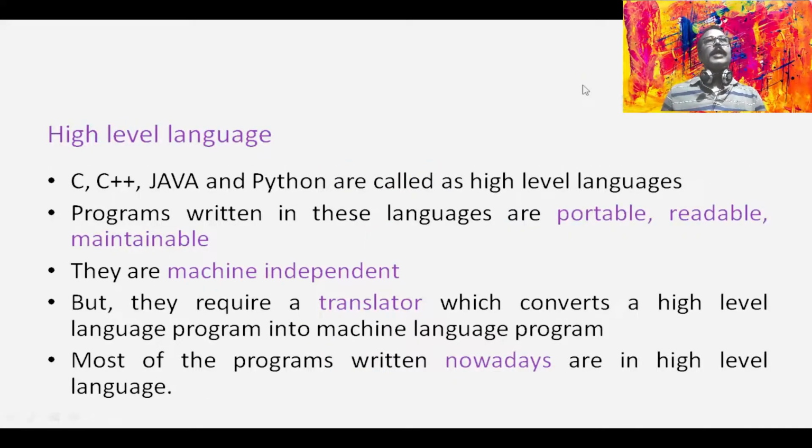So next, high level languages. C, Java, Python, etc. are the high level languages. Now, what do you mean by high level languages? Why are they called high level languages?